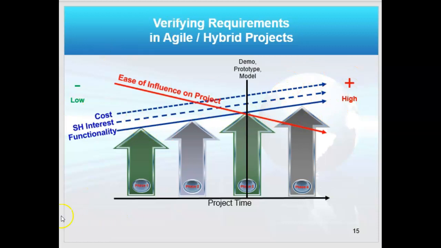You really want to find all of the requirements early in the project when it has a low impact, it's easy to implement, has low cost, stakeholders, they got it, you're developing it, and it's functionally not a problem, right? You'll want to spend a lot of time collecting requirements. Now, in an agile or a hybrid project, you will collect them over time as you do each sprint.